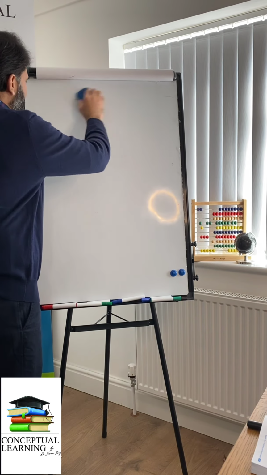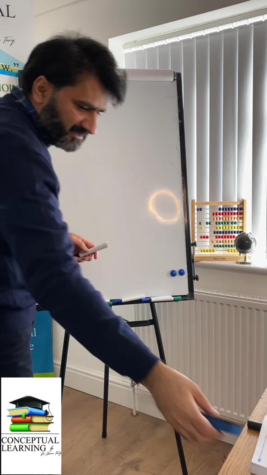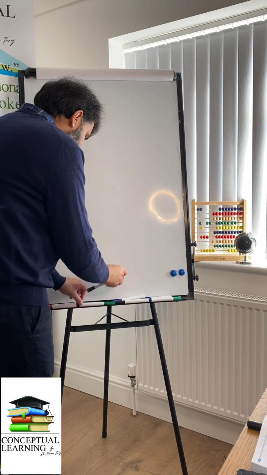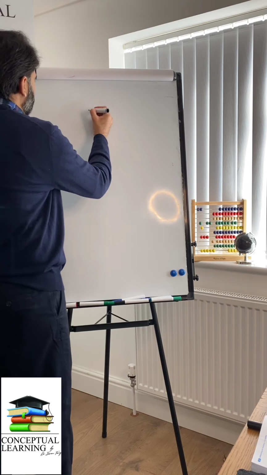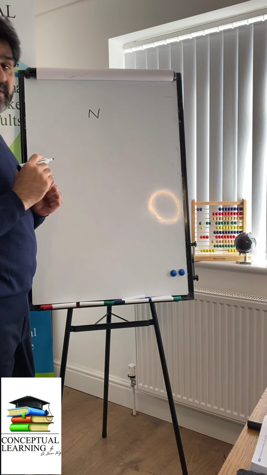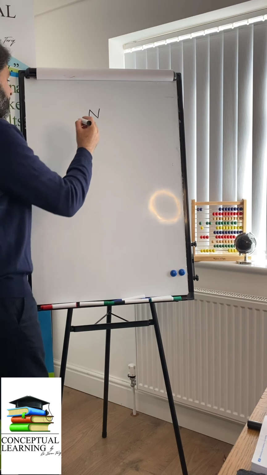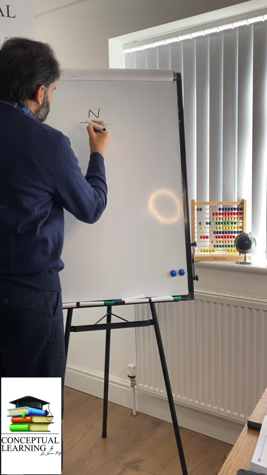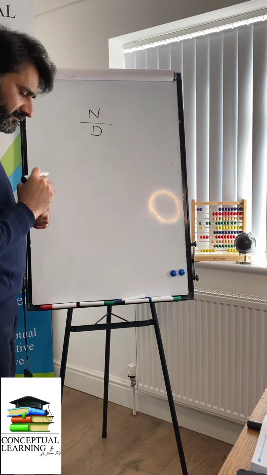So a fraction mathematically is a combination of 2 things. One is the numerator, and I write numerator here. I represent numerator by n, and then I use another word, denominator, which I represent by d.